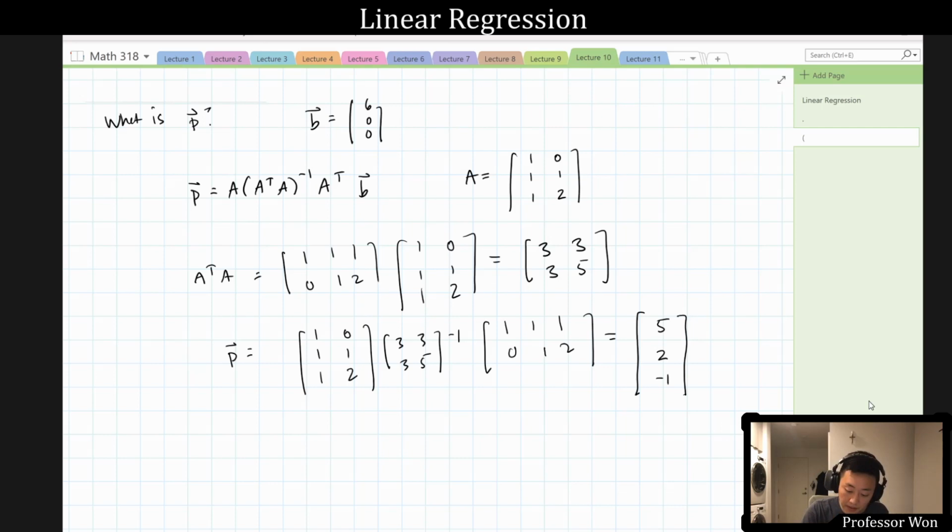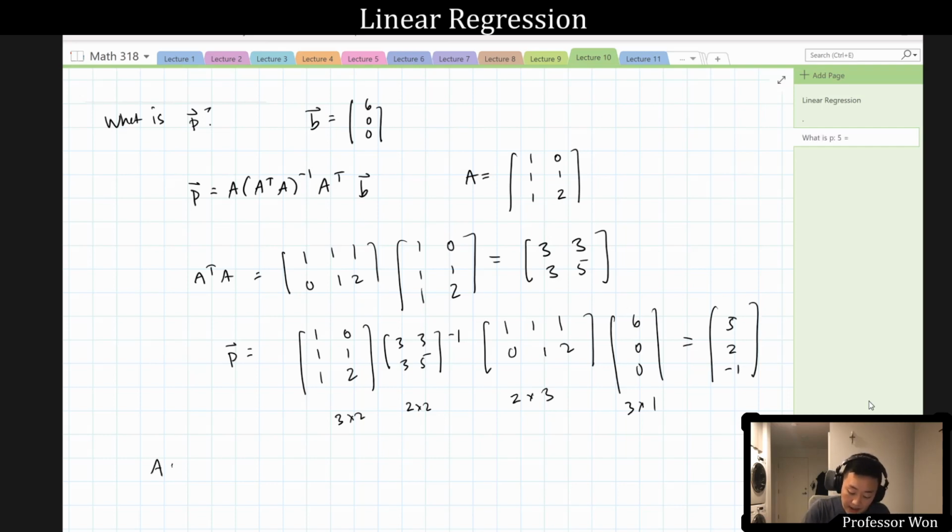Because this one is 3 by 2, this one's 2 by 2, this one is 2 by 3. Sorry, I forgot to multiply by B at the end. My bad. 6, 0, 0. This one is 3 by 1. This is (5, 2, negative 1).